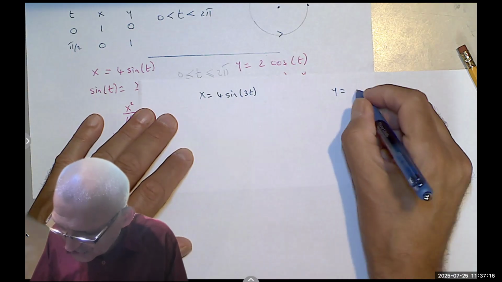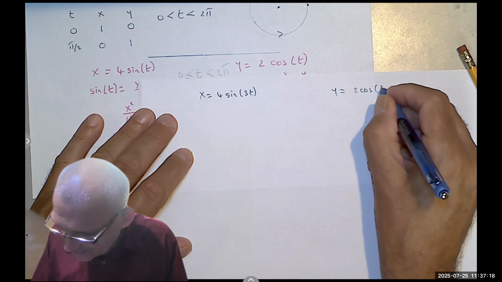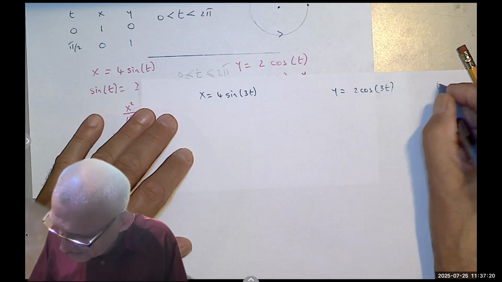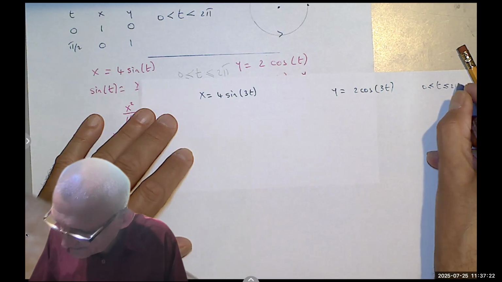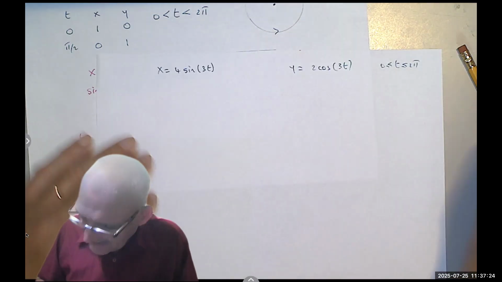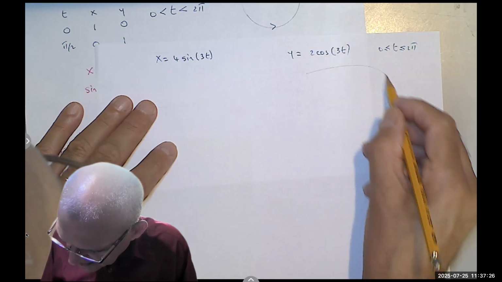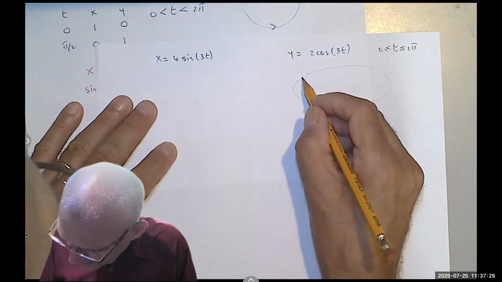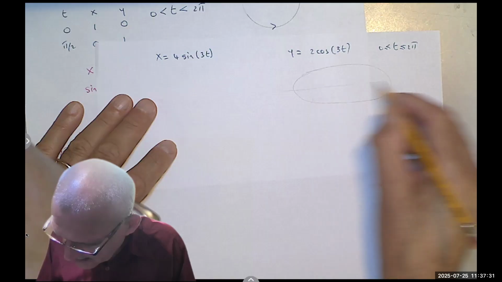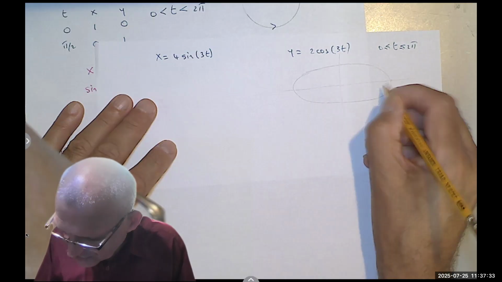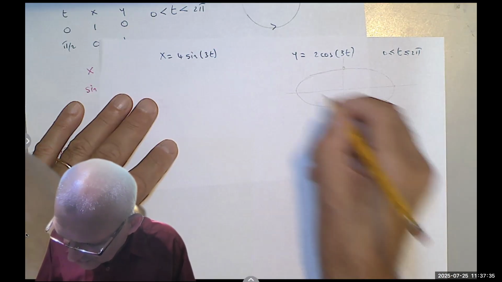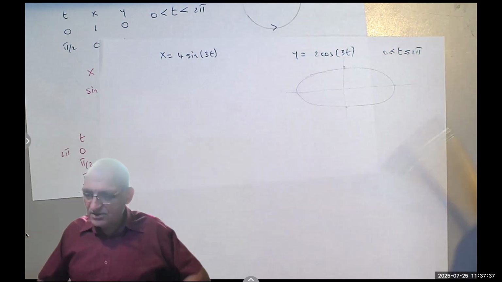And y equals 2 cosine 3t, and t is going from 0 to 2 pi. I know these points are 4 and 0, 0 and 2, -4 and 0, and 0 and -2.